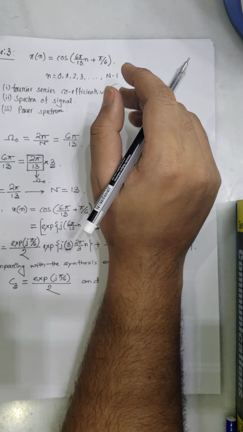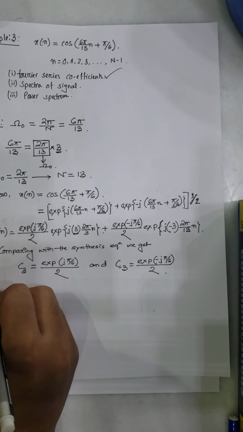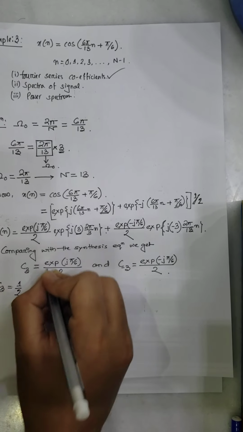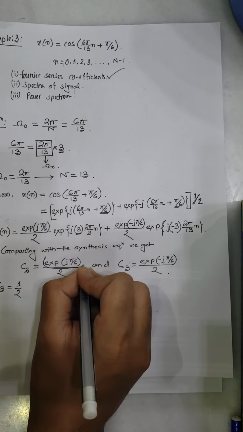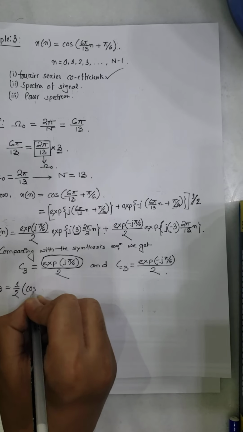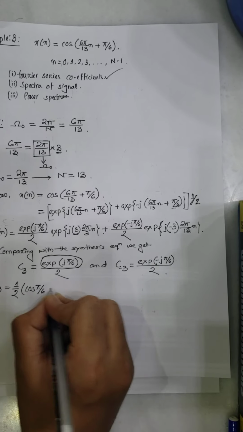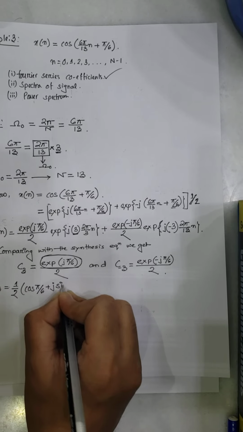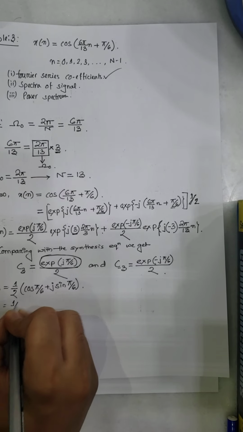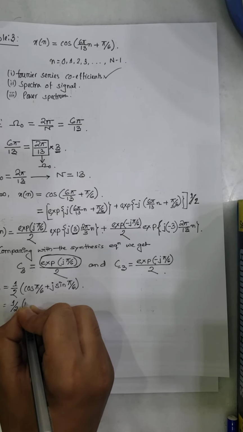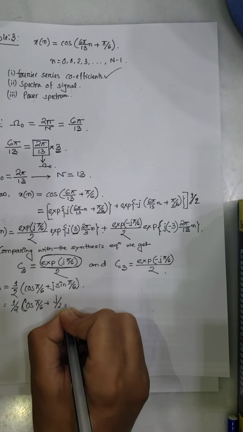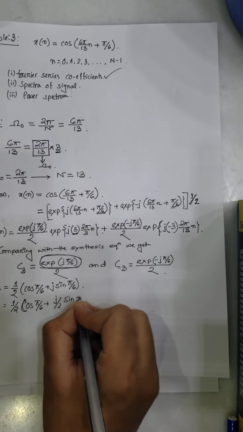Now, in order to determine the phase or magnitude spectrum, C of 3 can be written as half of this expression, which can be expanded using Euler's relation as cos of pi by 6 plus j sine of pi by 6, which can be further written as half cos of pi by 6 plus j by 2 sine of pi by 6.